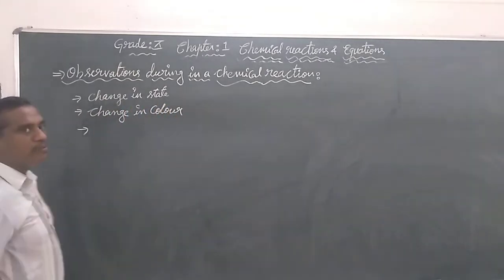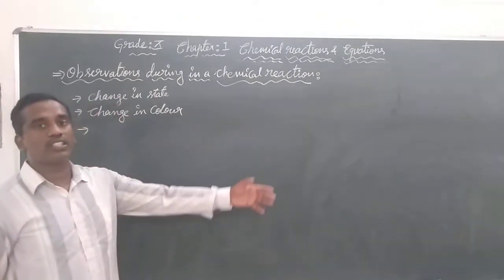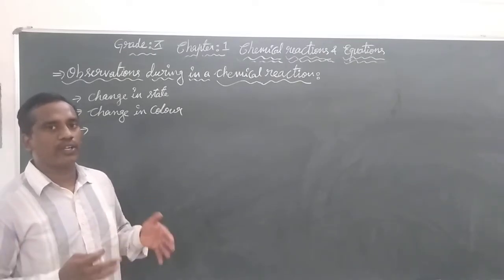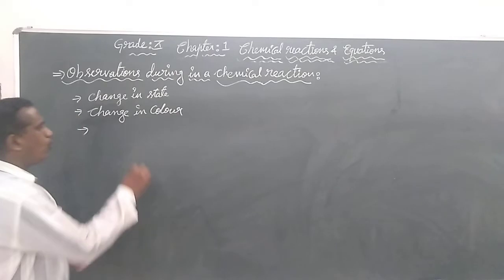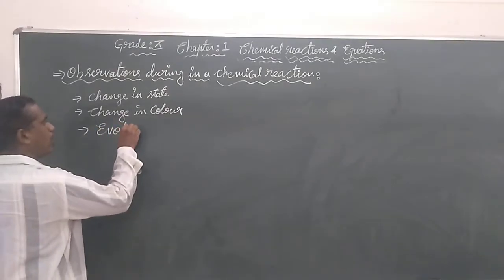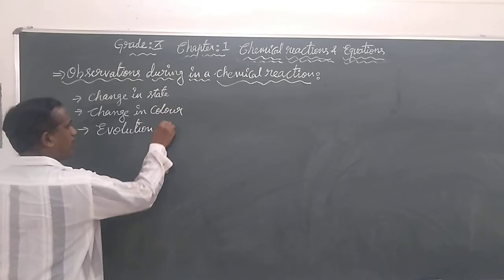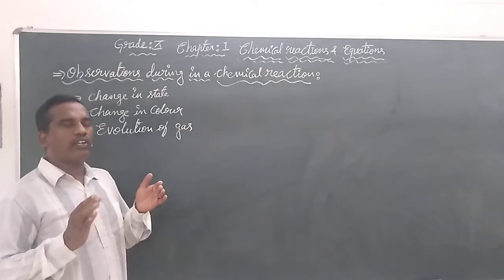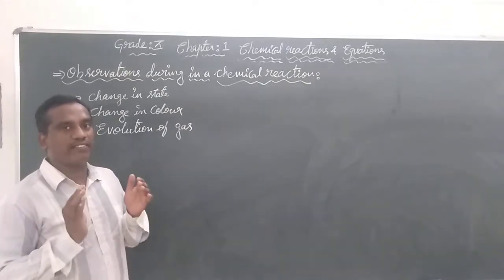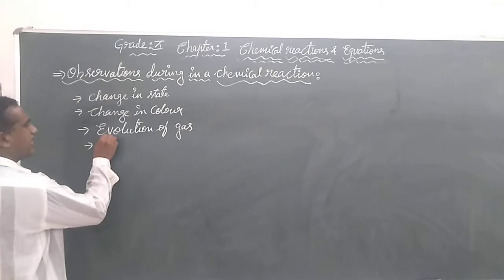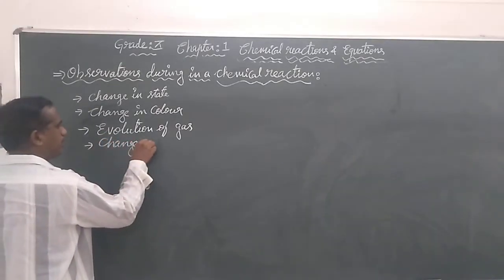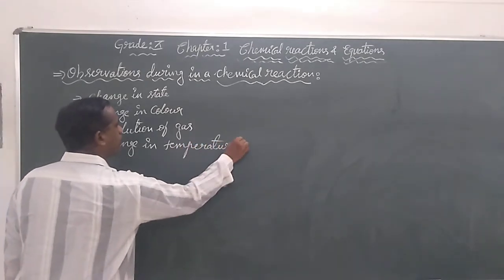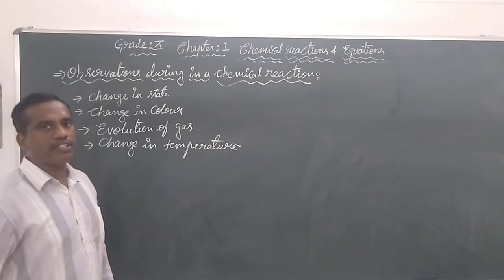In activity 1.3, we observed that hydrogen gas was released when the zinc granules reacted with hydrochloric acid, so we can say evolution of gas. We also felt some heat when we touched the conical flask in activity 1.3, that is a change in temperature. So what we can conclude is that any one of these observations can be observed.